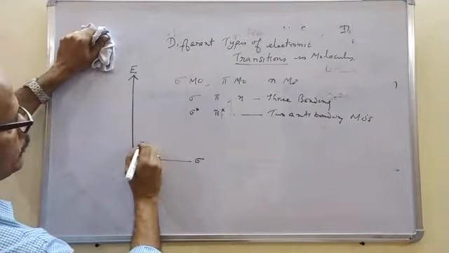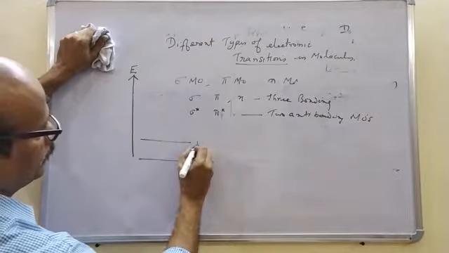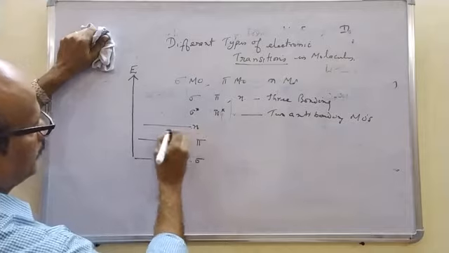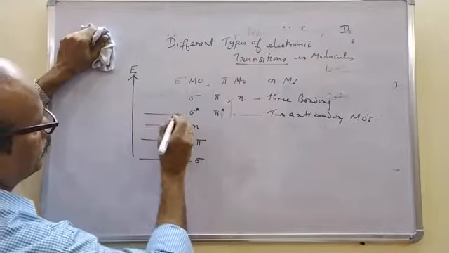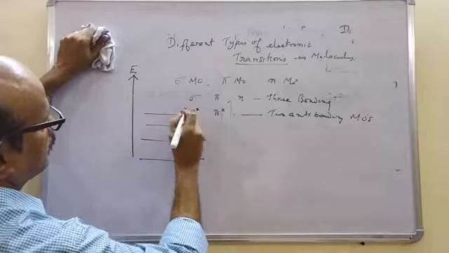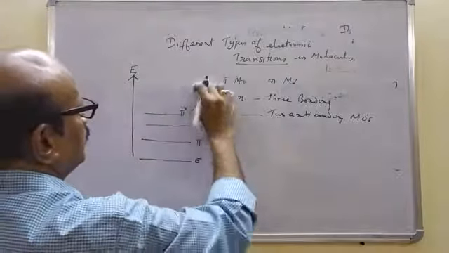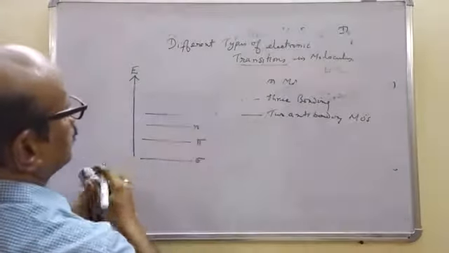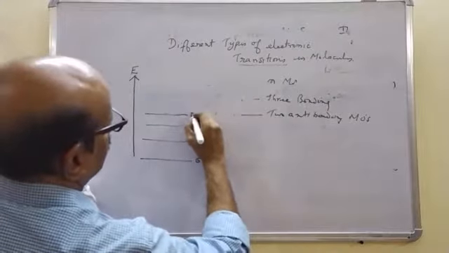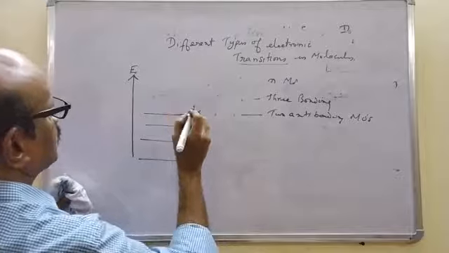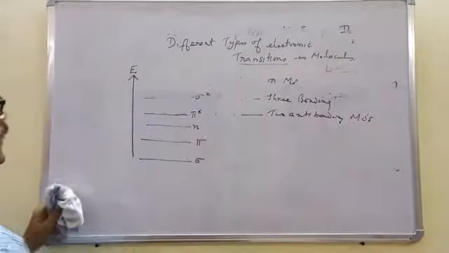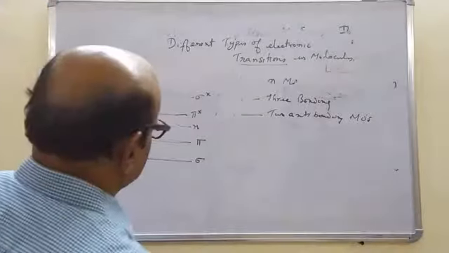Next comes pi, next comes n, next comes pi star, then next comes sigma star. So these are the 5 molecular orbitals.